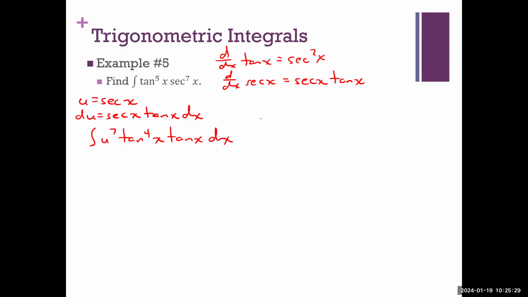Right, so yes, secant to the 7th is u to the 7th, but we should leave one of those handy for the du we know we're going to need. So I'm going to pull back a little bit and do this. u to the 6th times tangent to the 4th of x times secant x tangent x dx.